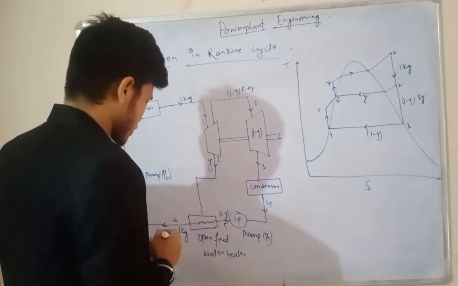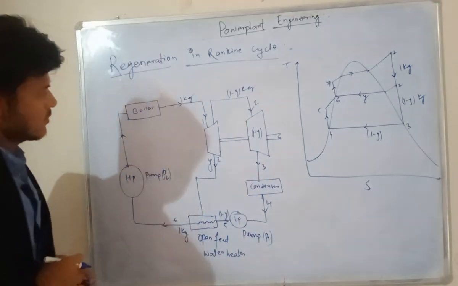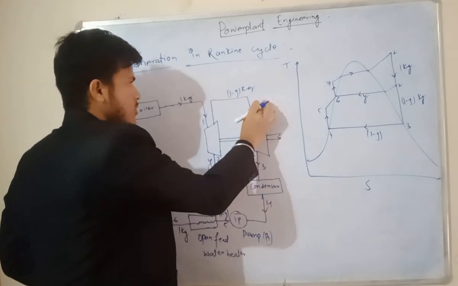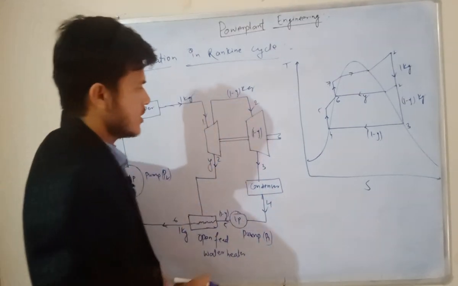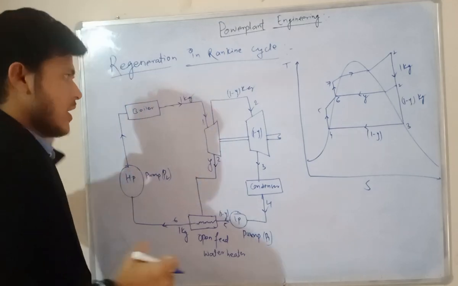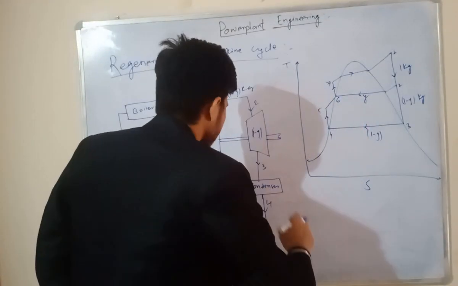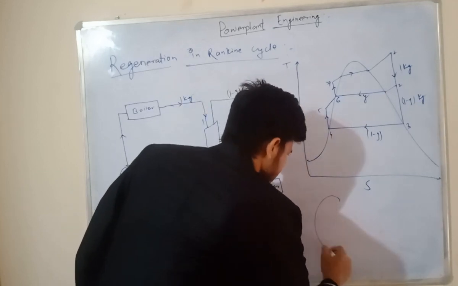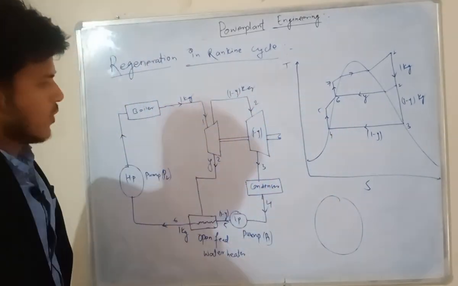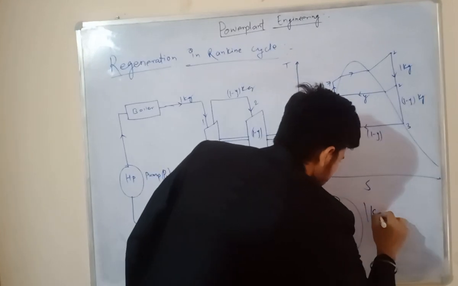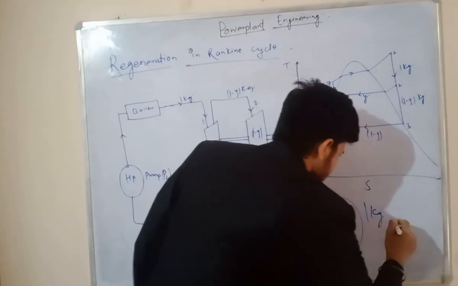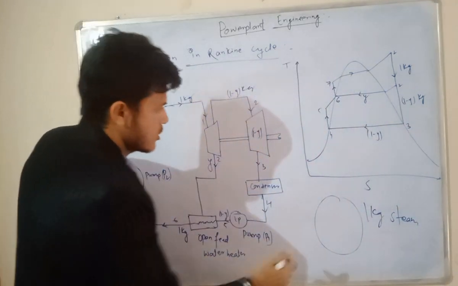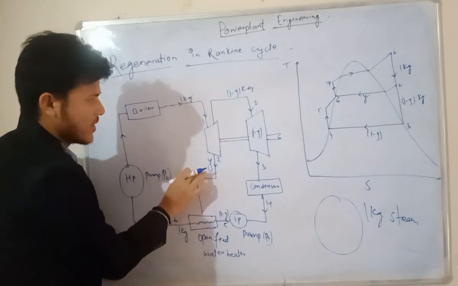Now 2 to 3: many have the confusion that we are writing 2 here and 2 also here. Let me explain this. I also had a doubt on this before. Suppose this is 1 kg. We are dividing this 1 kg of steam into two parts. Suppose in this turbine we are extracting y fraction of steam from here.